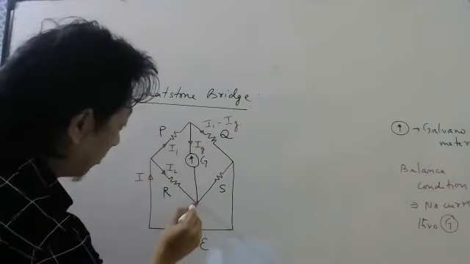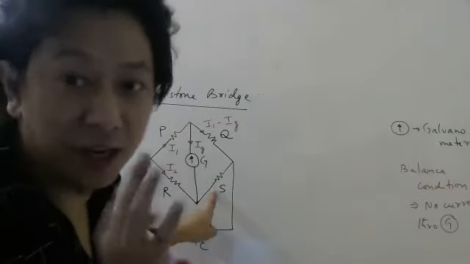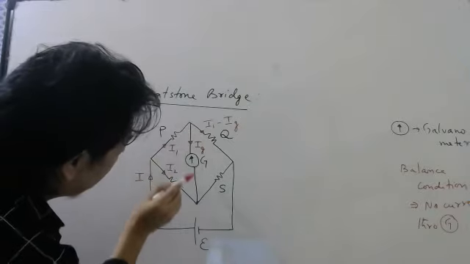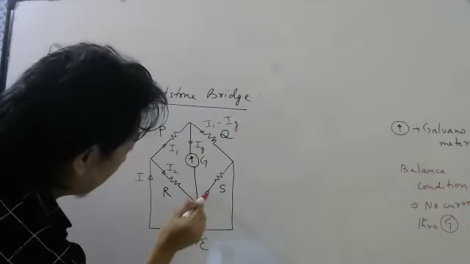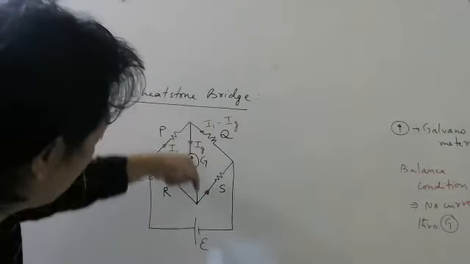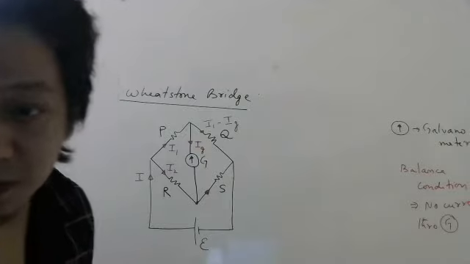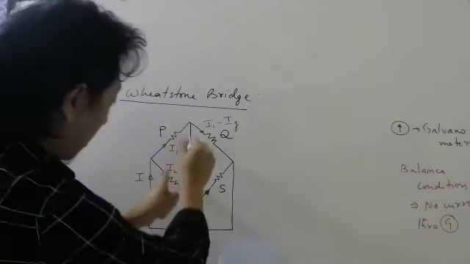Now at this point you observe carefully. Here you don't need to write a new current, because see, IG is coming, I2 is coming. So how much will go here? IG is also coming, I2 is also coming, these two are coming together.